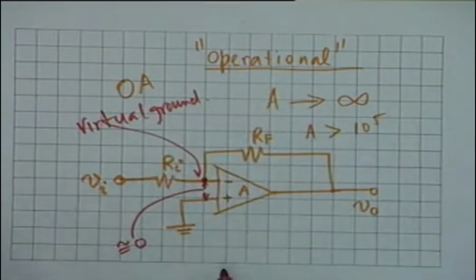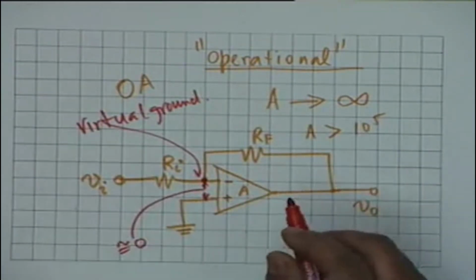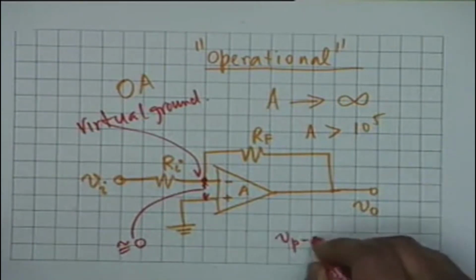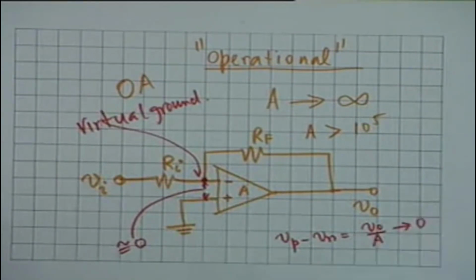Capital A in practical op-amps is extremely large, of the order of 10 to the 6, and therefore Vp minus Vn is equal to V0 by A, which tends to 0 because capital A is very large. Therefore, Vp is approximately equal to Vn.